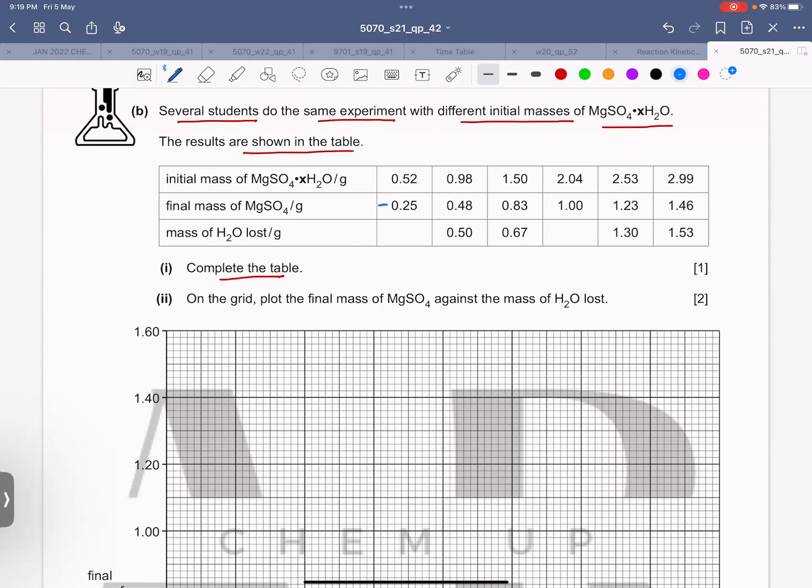So subtract these two and tell me the answer, please. And here you have to do the subtraction again. Here you are getting 1.04.